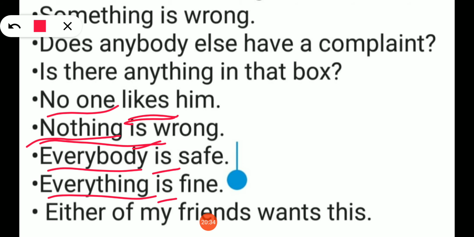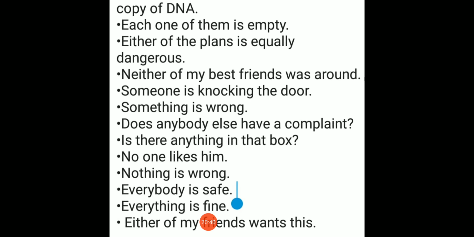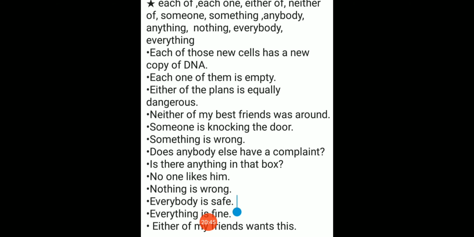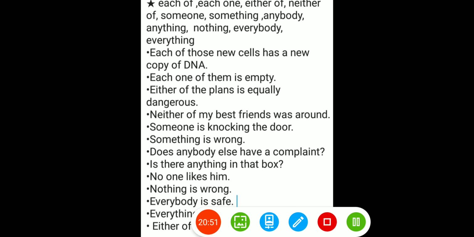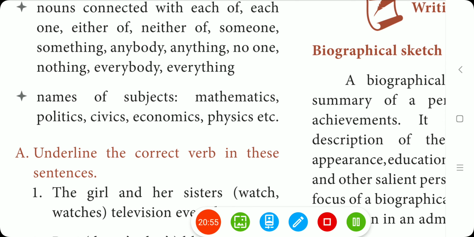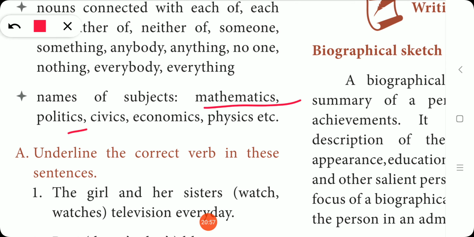Okay, that's all. In all these places you have to use the singular verb. It may be either an auxiliary or a main verb, whatever it is, the verb should be singular. The next one is names of subjects like mathematics, politics, civics, economics, physics.